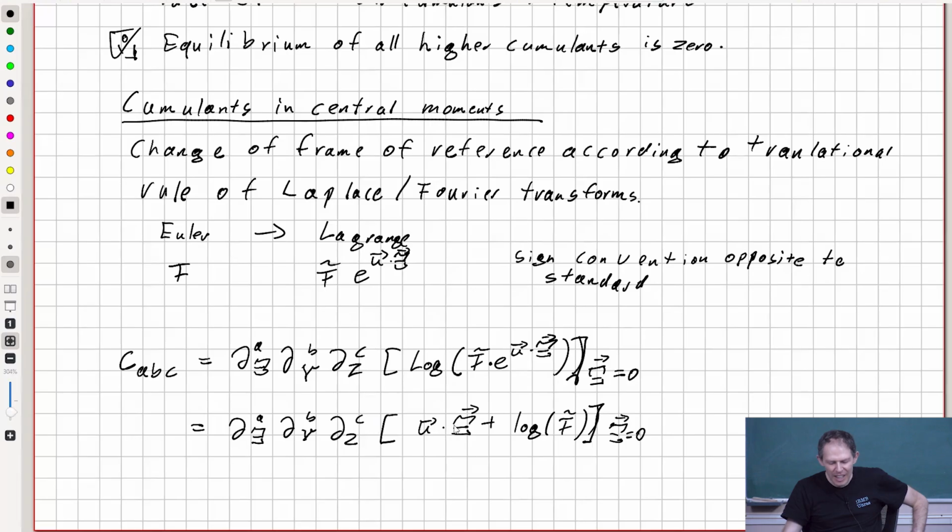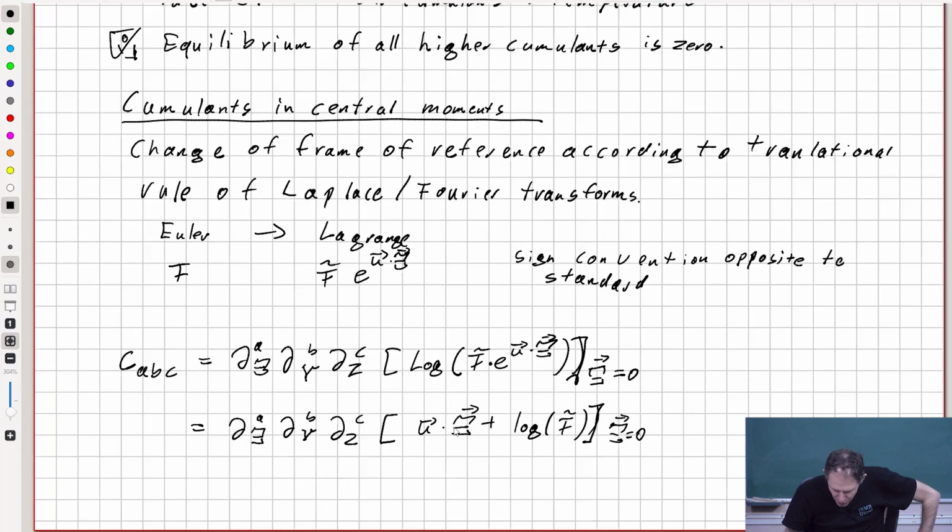Now, because this is linear in xi, only the first derivative will give us a non-zero value, and this will be exactly u, right? So this means that wherever we shift the f into the other frame of reference, we still get the same u out.